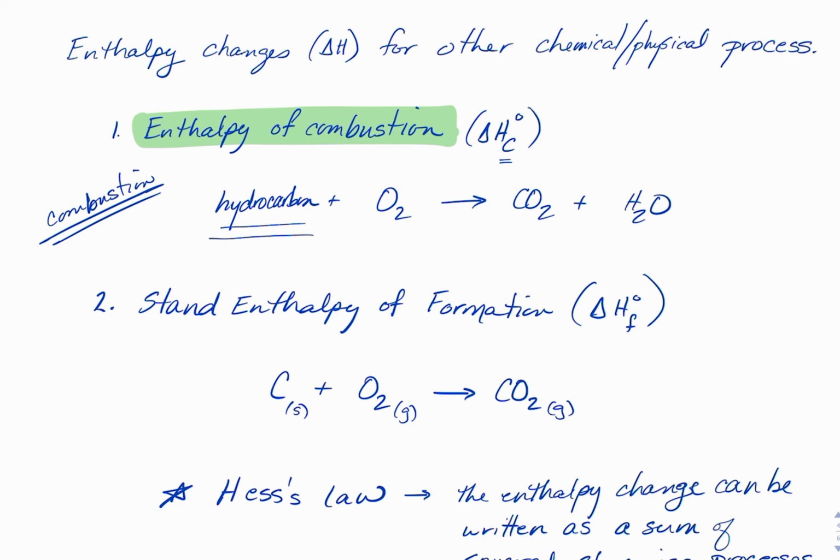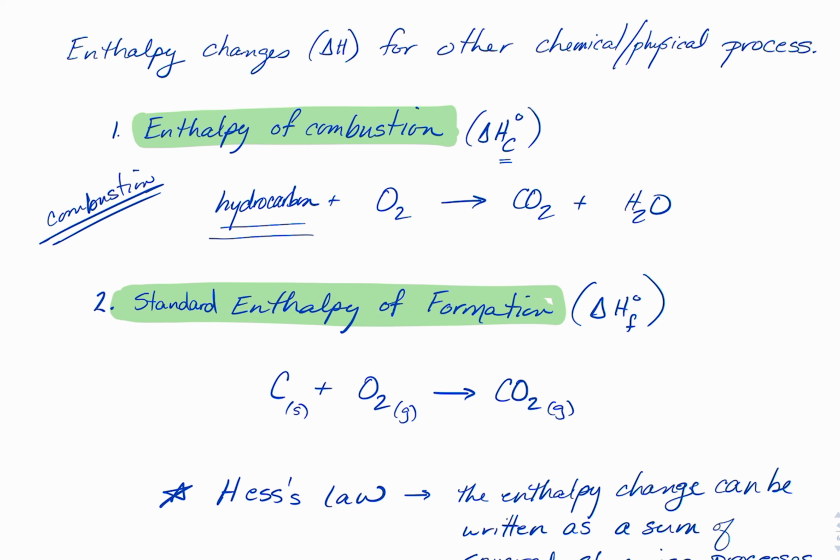Another way that you could talk about and use enthalpy changes for other chemical processes is the standard enthalpy of formation. I miswrote the word standard. So this one is standard enthalpy of formation.